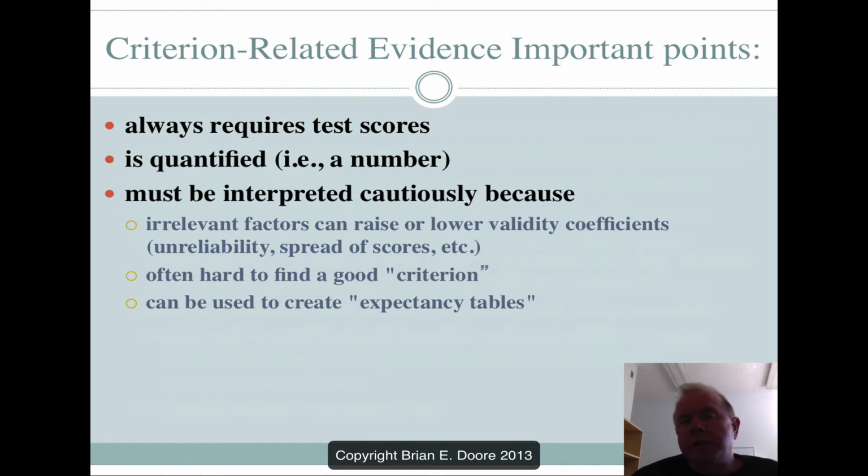So some important points. This always requires test scores, some kind of relationship between an assessment and an outcome. It's quantified. We're literally computing a correlation coefficient. And it has to be interpreted cautiously because there are a lot of other factors that can raise or lower these validity coefficients. So, for example, we might note that high SAT scores are associated with solid performance in the first 2 years of school. We might also note that high SAT scores tend to be related to students completing very high-level courses in high school.